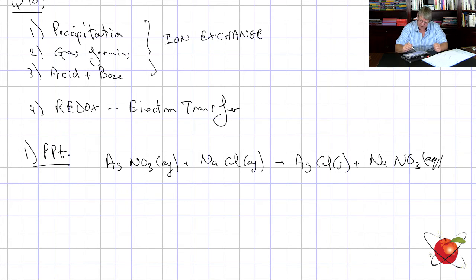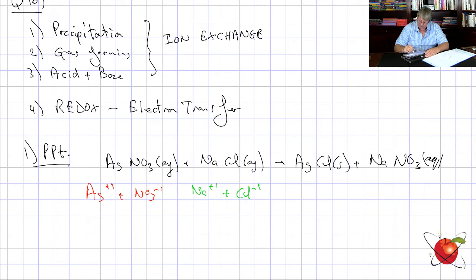Now the ion exchange, let's have a look at what we were talking about. Let's split up this one first. When it went into water, the dissolution was Ag +1 plus NO3 -1, remember? And on this side we had Na +1 plus Cl -1, right?